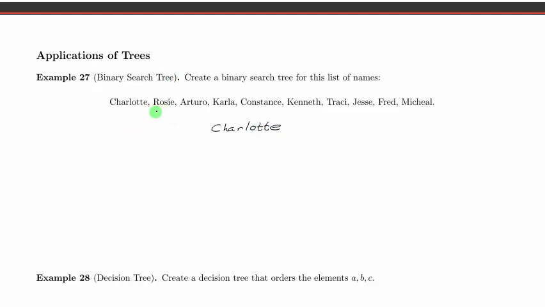And then we're going to move on to the next name, looking at Rosie. That comes after Charlotte in the alphabet, so I'm going to branch off to the right then and put Rosie there. And then Arturo, well, that comes before Charlotte in the alphabet, so I'm going to branch off to the left. And then move on to Carla.